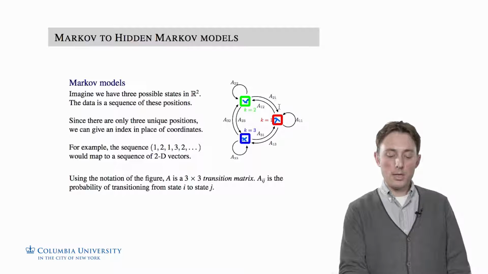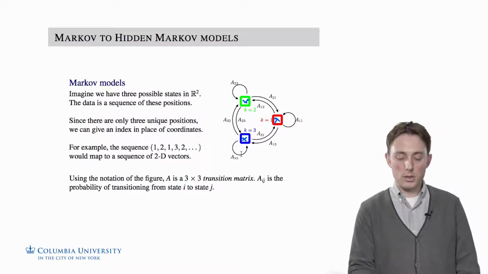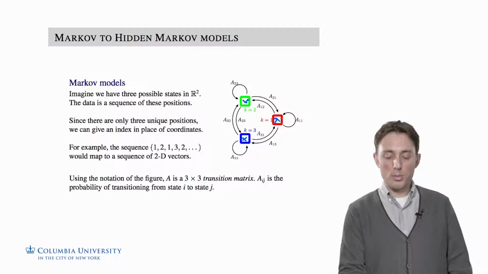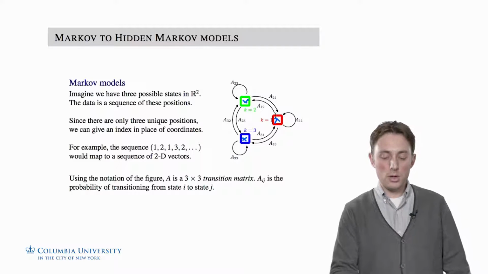So for example, A21 is the probability of going from the second state to the first state, and A12 is the probability of going from the first state to the second state. Here's how we can physically represent the transition. And A11 is the probability of transitioning from state 1 to itself, etc.